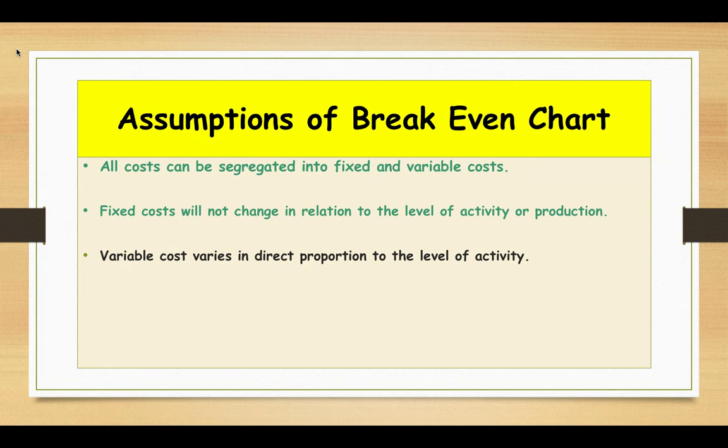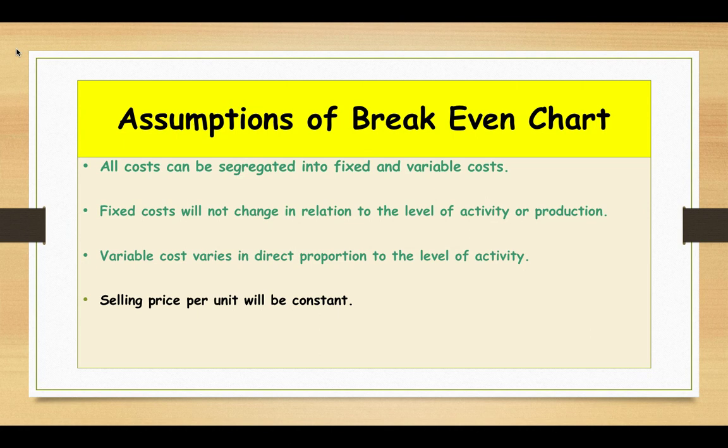And when they produce 1,000 units, the total variable cost is going to be £4,000. So this means variable cost per unit is constant at all levels of activity. Only the total variable cost varies in direct proportion to the level of activity.